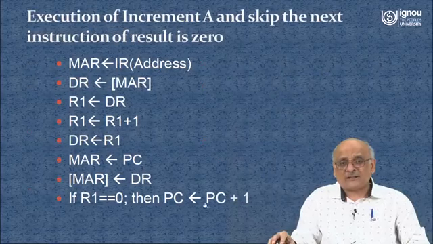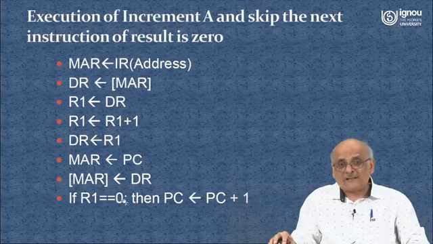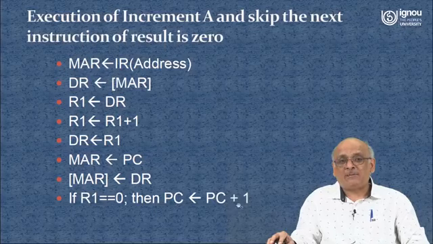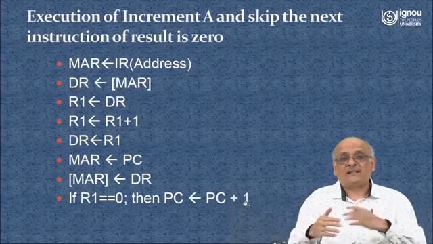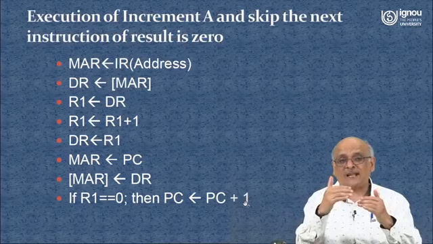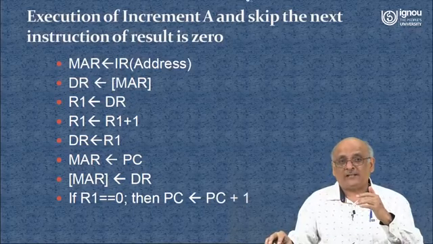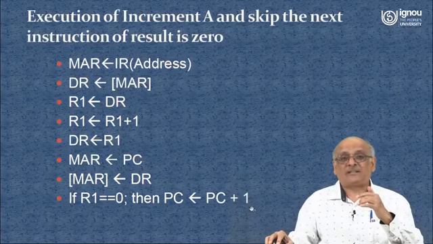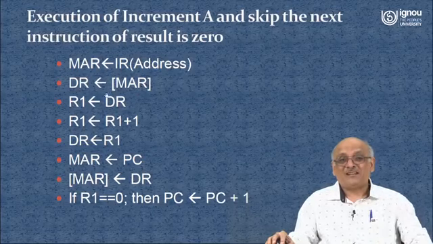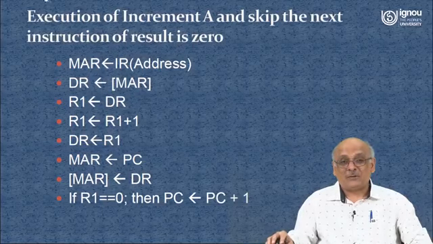So that instruction needs to be skipped, right? PC was already pointing to the next instruction. So if R1 contains 0, then PC should be incremented by 1 more, so that the instruction which was in PC right now, the next instruction after increment A, will be skipped. That is how the whole execution is performed.